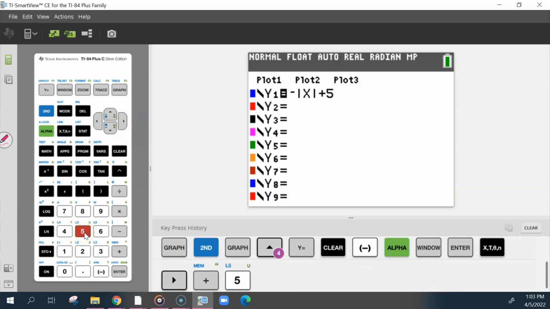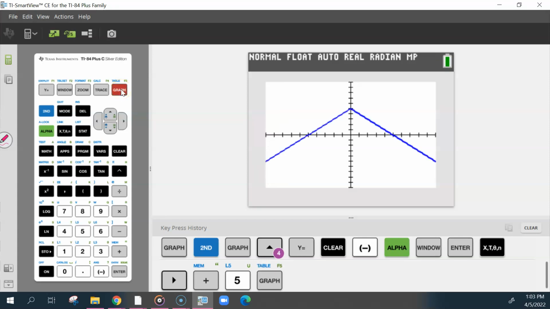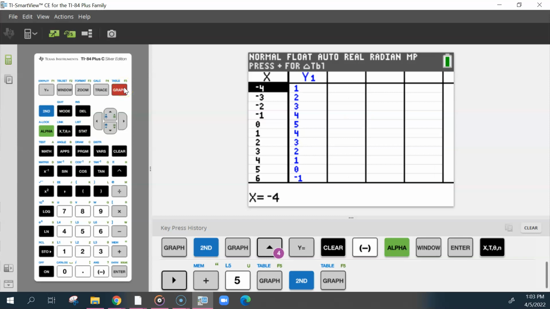If you were to put this in your calculator, you could look at your table or your graph. The graph may help you, but you have to look at each of the points and make sure they match. The table will help you a little bit better because you can actually see the points.